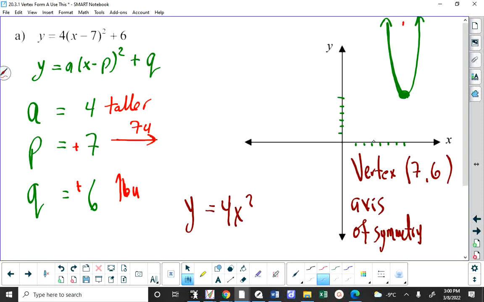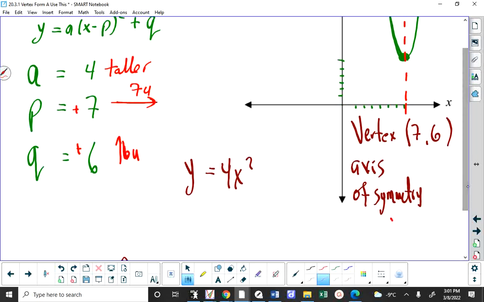It's this line. That's at x equals what? 7, right? The vertex is always going to be at (p, q). The axis of symmetry will always be at x = p. Does this have a maximum or a minimum?